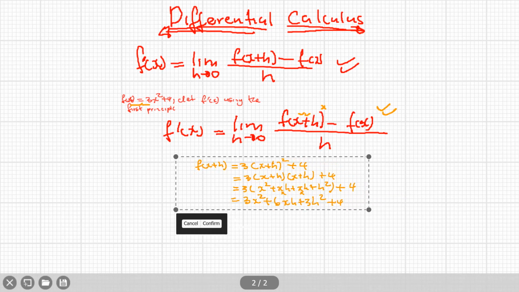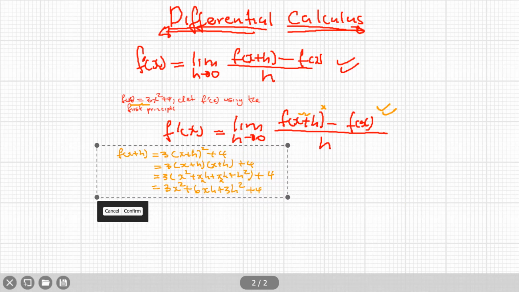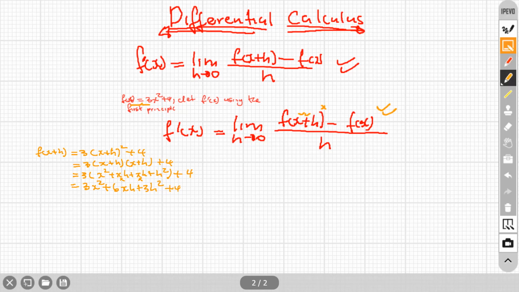I'm going to put this aside and go back to our first principle. f prime of x is equal to lim h approaching 0, then we substitute f of x plus h, which is 3x squared plus 6xh plus 3h squared plus 4, minus f of x, which in brackets is 3x squared plus 4, all over h.